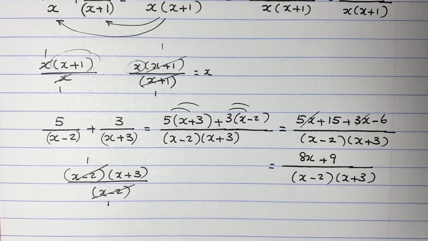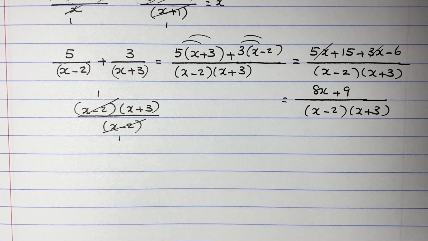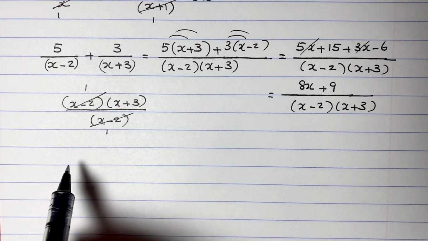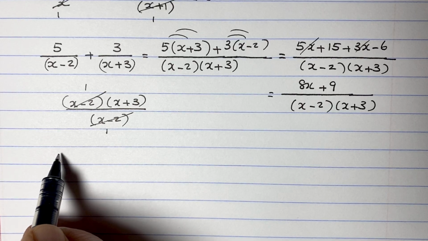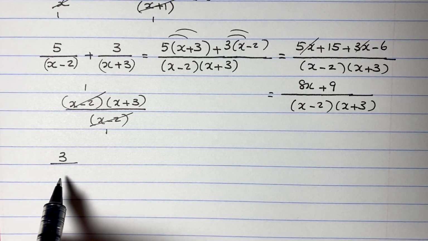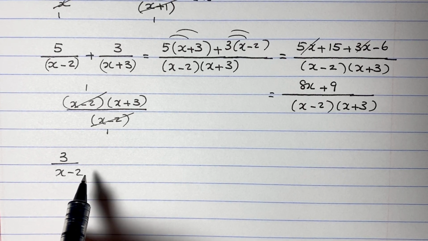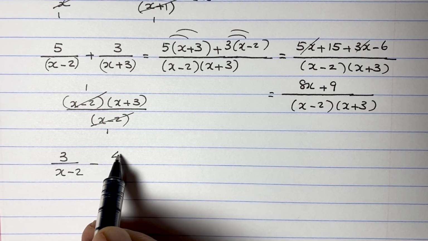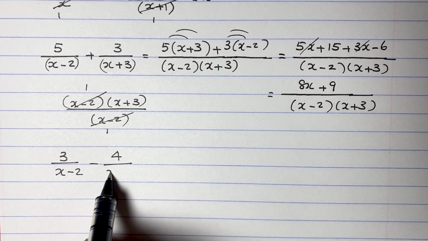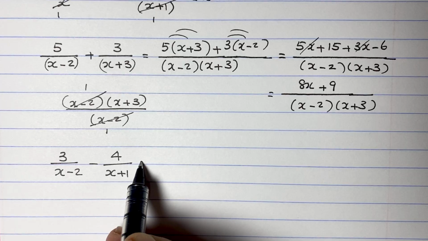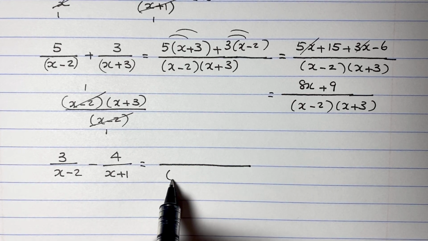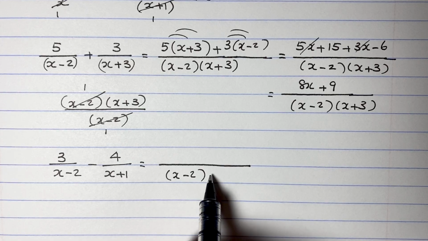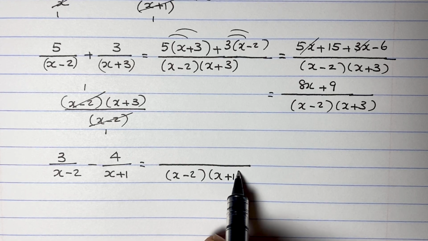One more on this type of fractions. Let's do a subtraction of two algebraic fractions. 3 over (x minus 2), take away 4 over (x plus 1). Common denominator: x minus 2 and x plus 1 multiplied together.